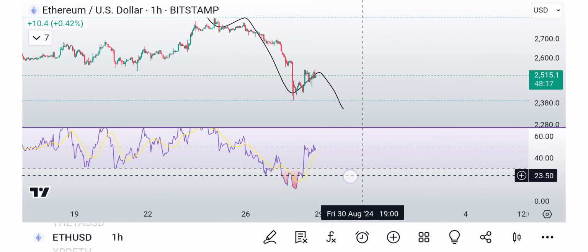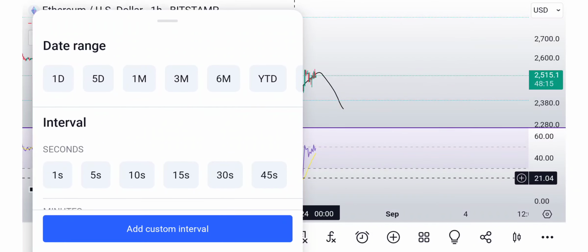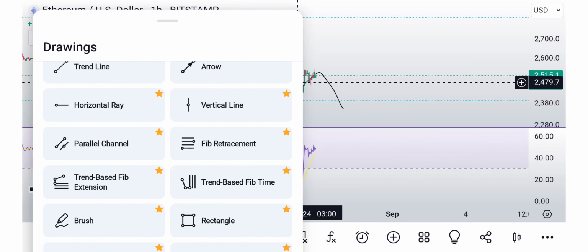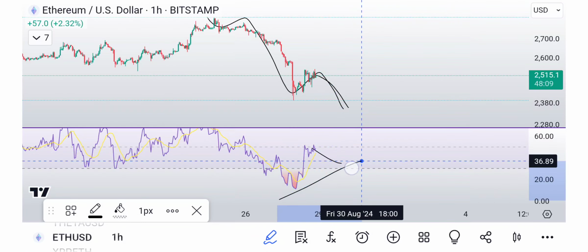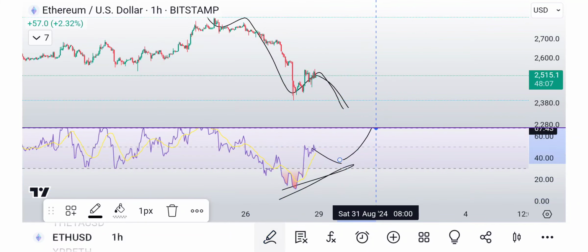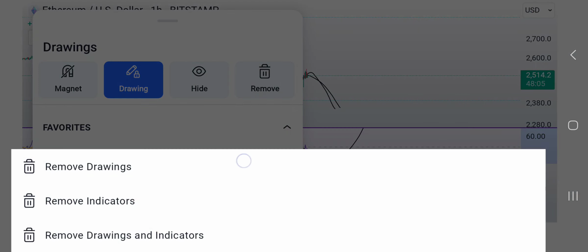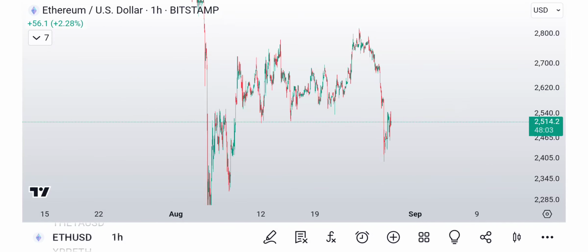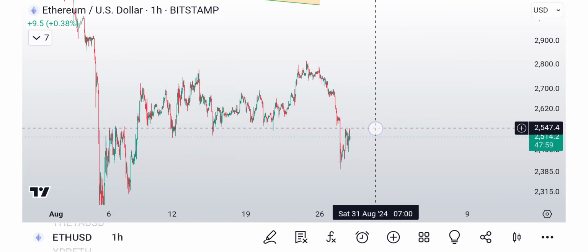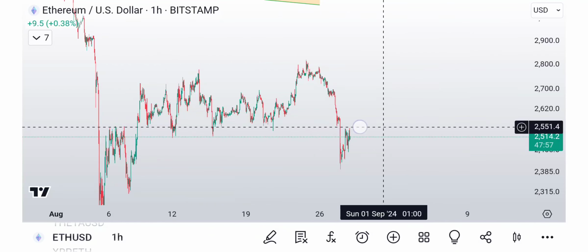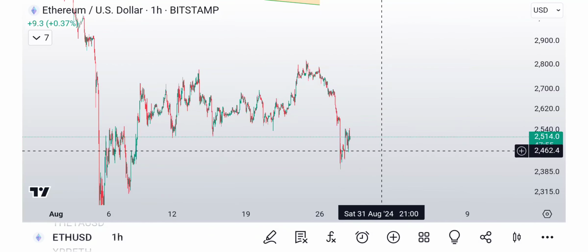Wow, that is massively oversold on the 1 hour. So if we come down and make another low here, there's your bullish divergence. Let's go. So that would be something to look at here, because that's a pretty big drop. We want to see some kind of retracement, or if we don't, then we're going to know if we're getting rejected here.